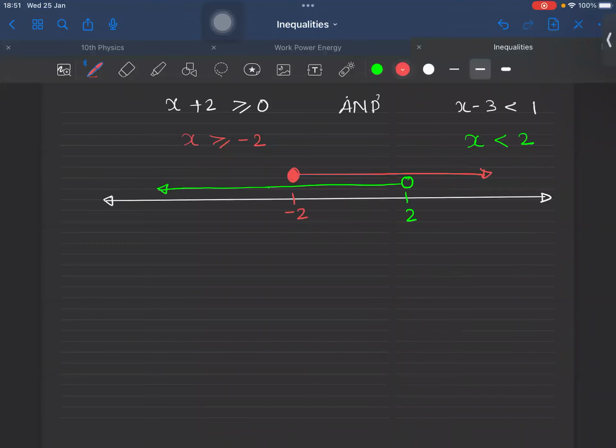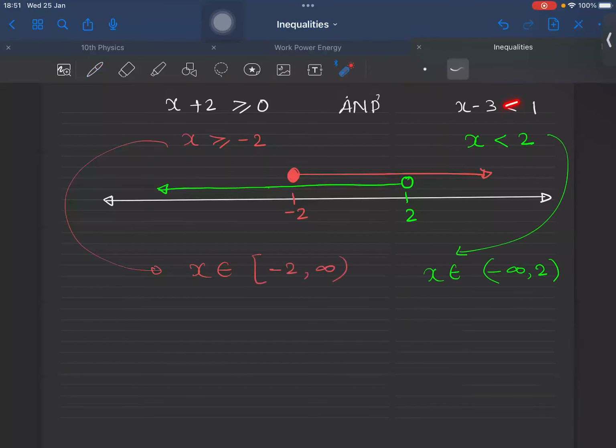So the solution of the first statement is x belongs to -2 to infinity. And from the second statement, x belongs to -infinity to 2, with open brackets, because we are not including the value of 2, as there is no equality sign here.